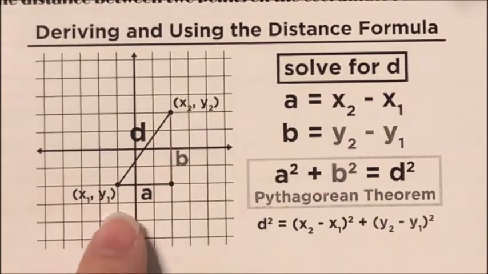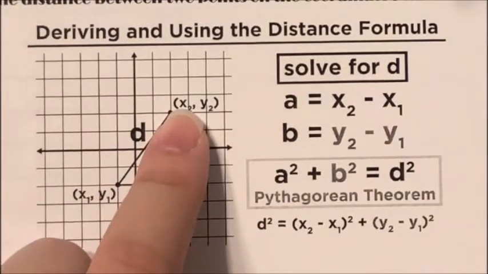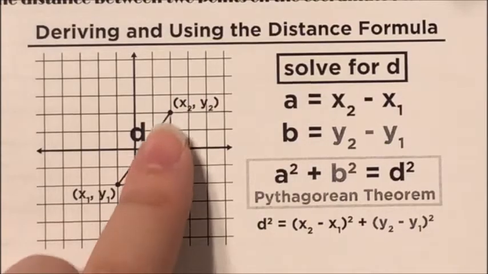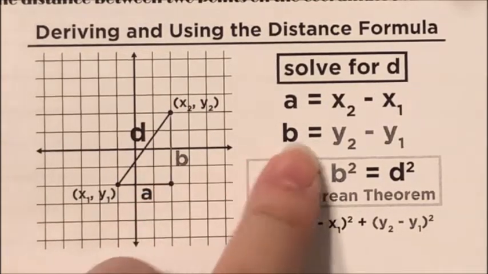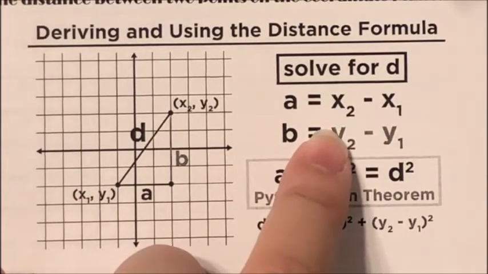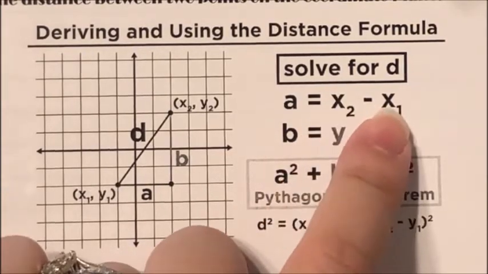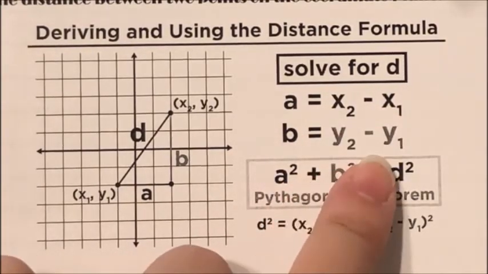So I take my 2 y's and subtract them, because here's my top point, here's my bottom point. That tells me the distance traveled. So x2 minus x1, and y2 minus y1.